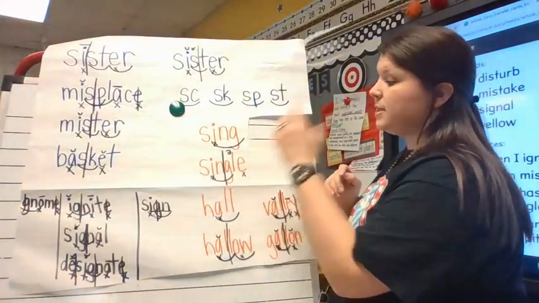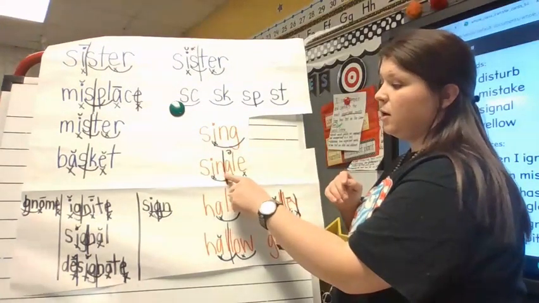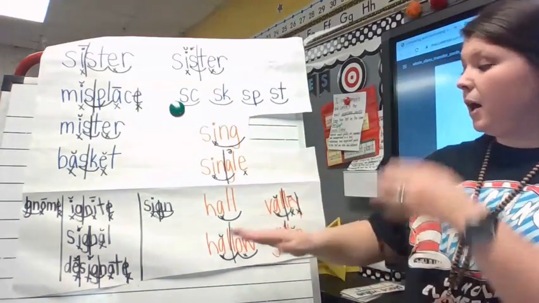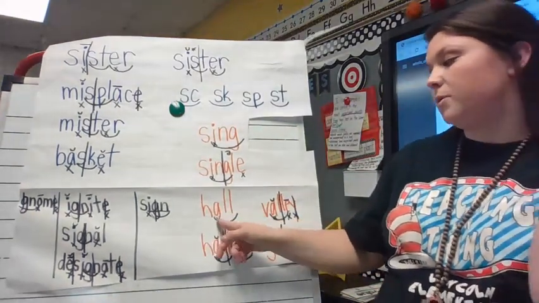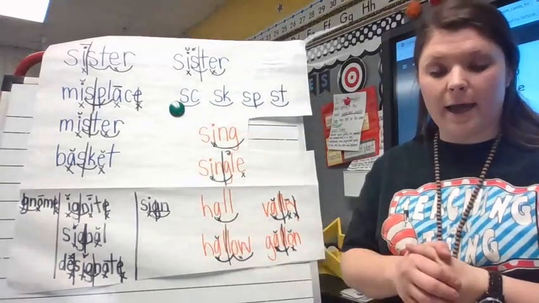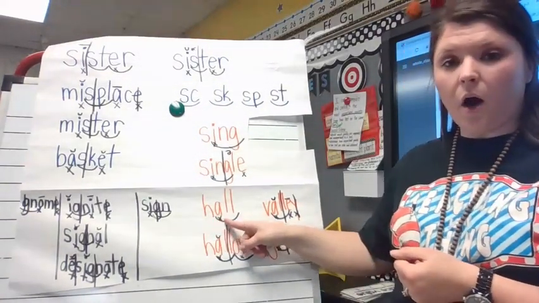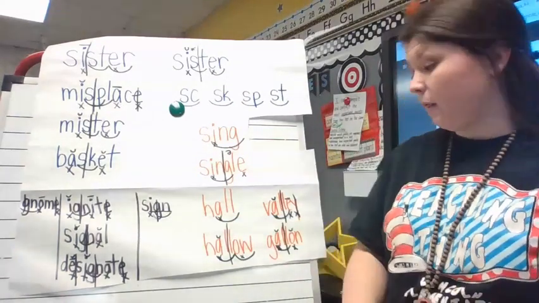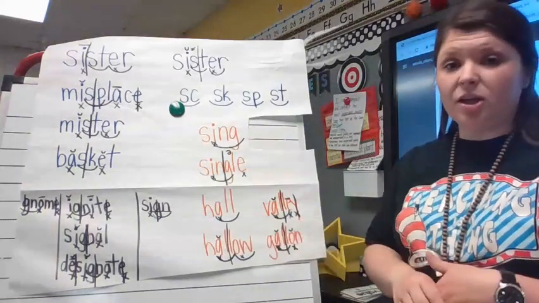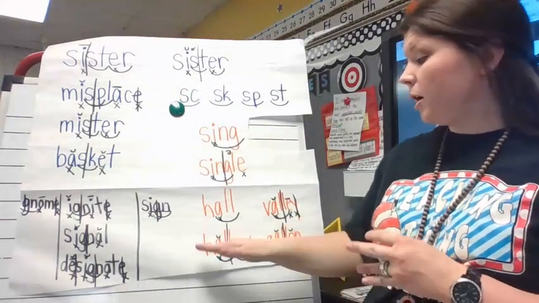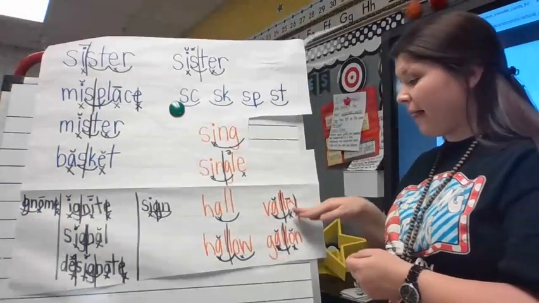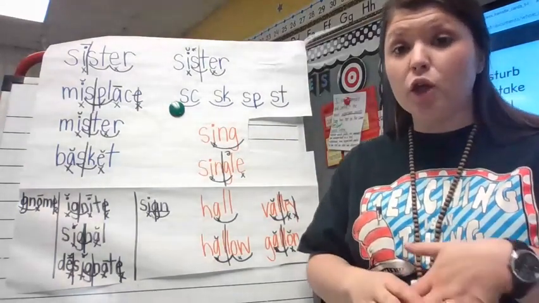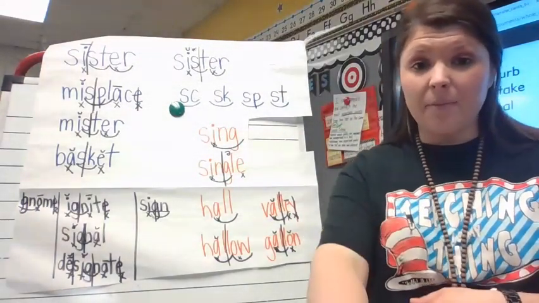So the ing still had the same sound, single, okay? But when we added LL after the vowel A, in the word all, AL says all here. But when it's in a multisyllabic word, that A changes its sound to a short sound, like in the word hallow or valley or gallon. It no longer says all, it changes to the short sound A, okay?